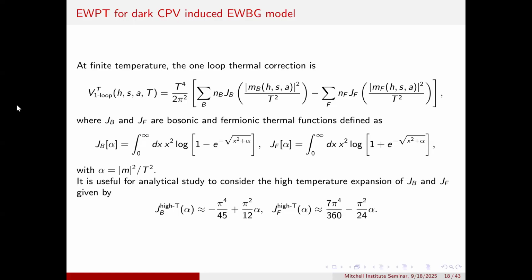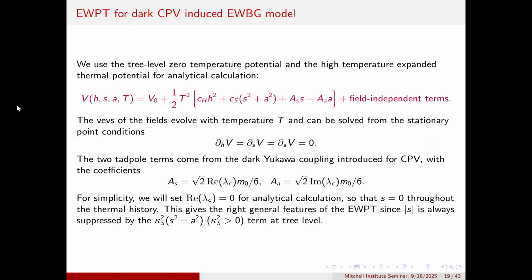So to do that, we again expand these two thermal functions in the high temperature limit. So then we have these leading order terms. So this is the effective potential with the leading order thermal corrections.